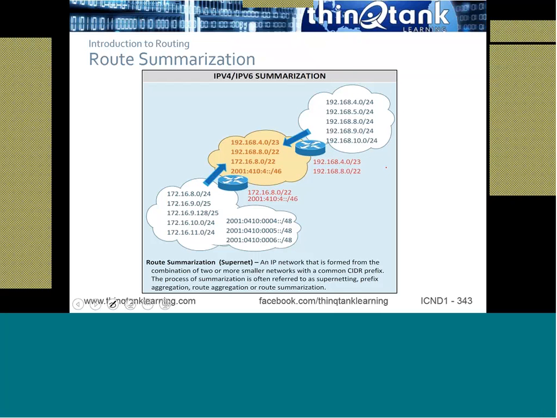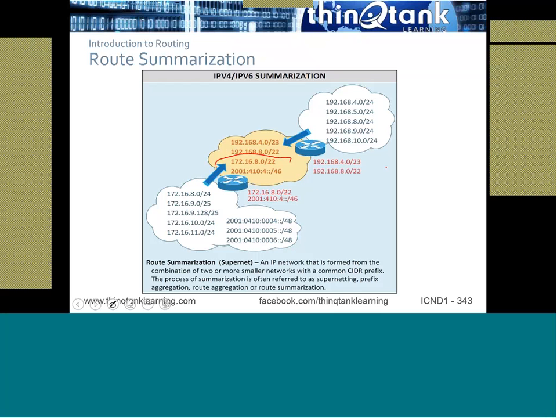But summarization also assists us with convergence issues. Convergence is the concept that if something changes in the network, how long does it take for that change to be learned? How long does it take for that change to be propagated? The faster a network converges, the more efficient it is.